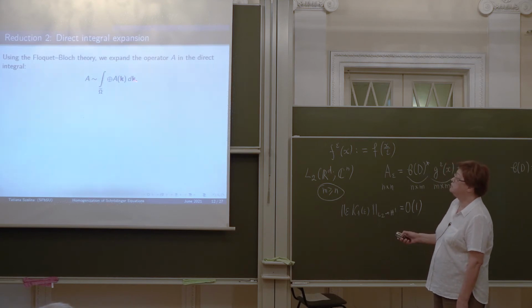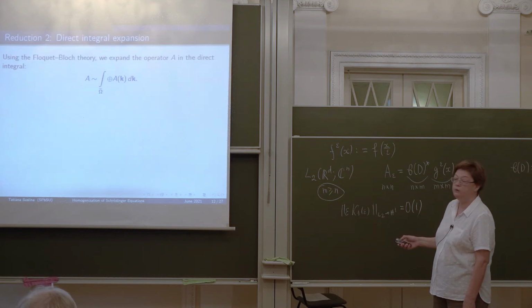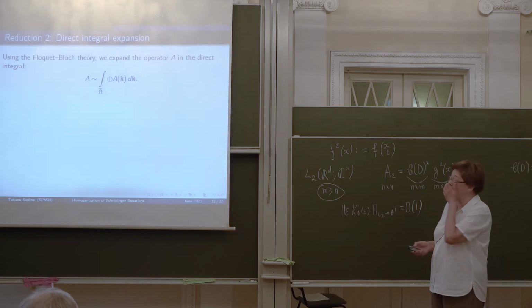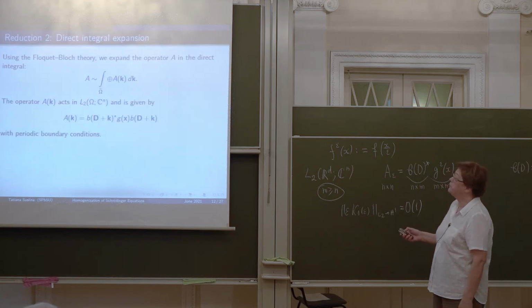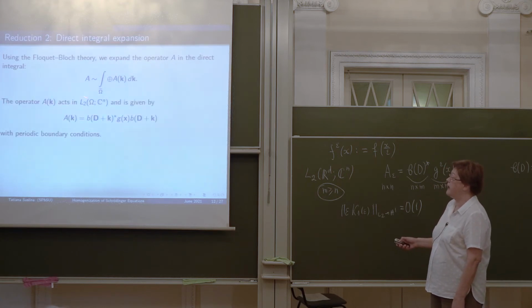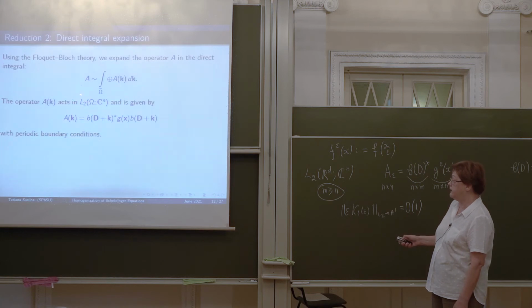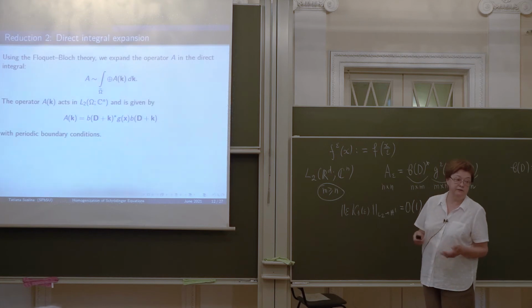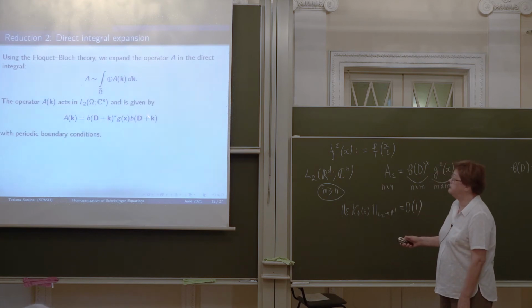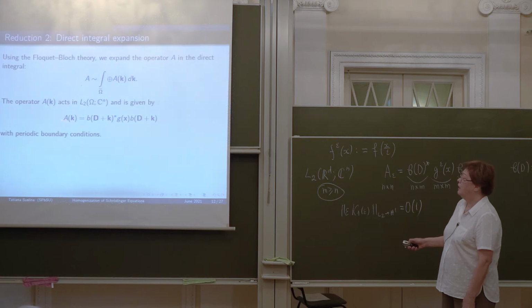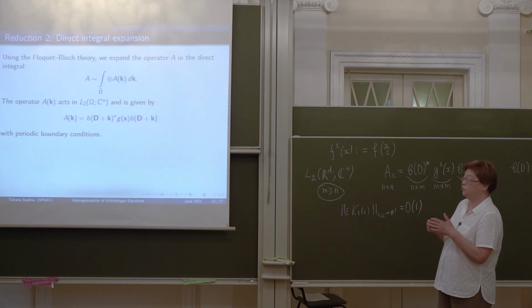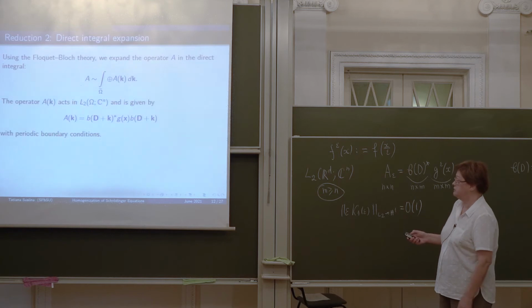The parameter k is called the quasi-momentum, so k belongs to omega tilde, which is the Brillouin zone of the dual lattice. And the operator A of k acts on the cell omega. It acts in L2 omega C^n. It is given by this differential expression. So we take the previous differential expression and replace D by D plus k. And this operator is considered on omega with periodic boundary conditions.